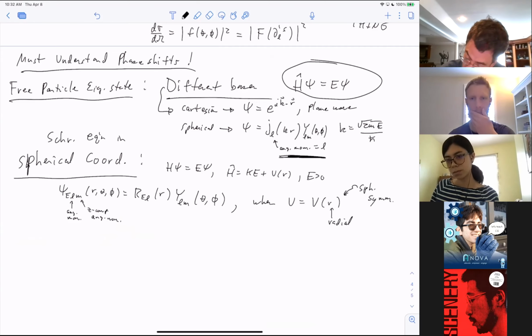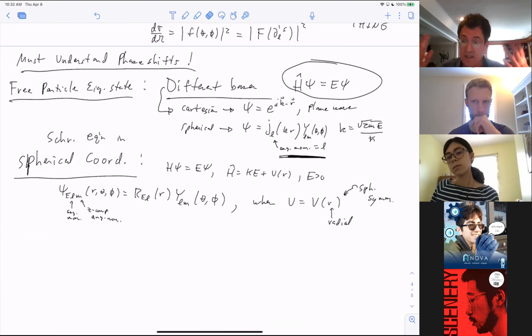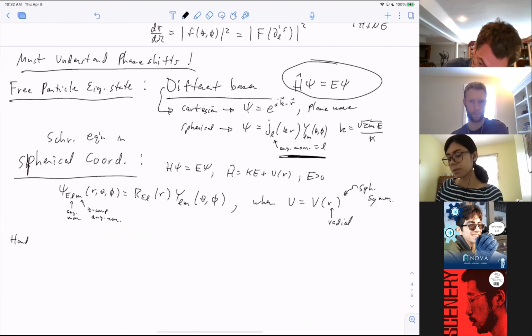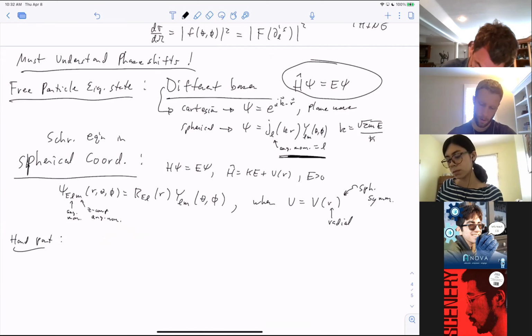The spherical harmonics are easy. You know them, they're written in a book. The hard part is to get the radial part.